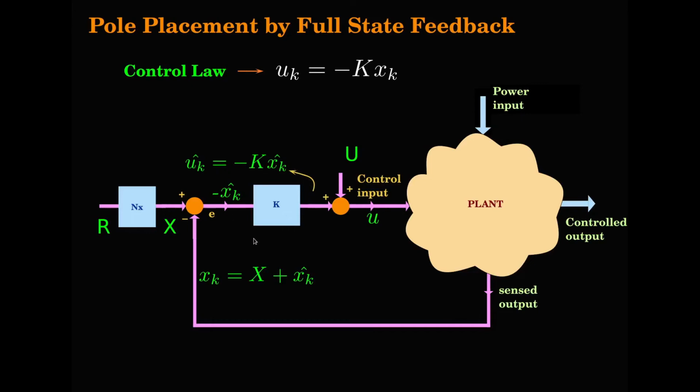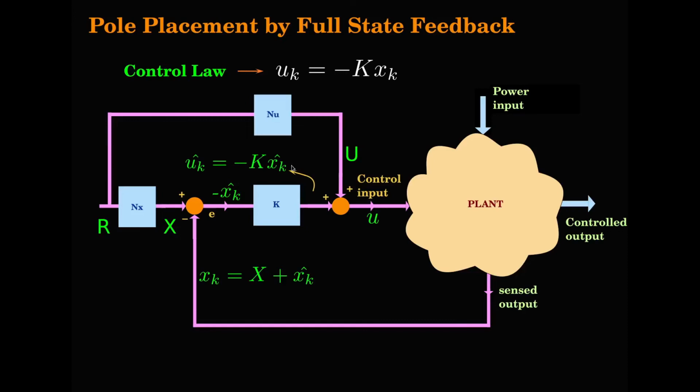So if you look at this part here, the controller k, xk hat and then uk hat, you see that this follows the control law. This is the state feedback control law that we are using for the small signal deviations, where k is the controller.